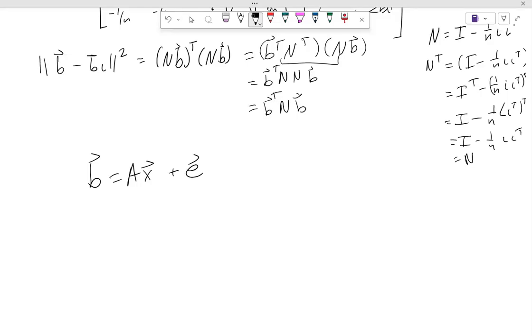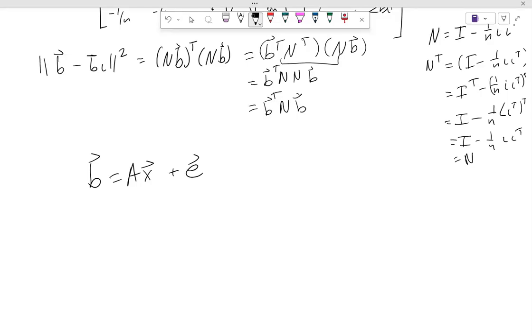This is the part of the data that's explained by the model, whatever that model happens to be. This is what's left over. Noise, if you will. This is the explained part, this is the unexplained part. So this is your regression part, this is your error part, if you will.